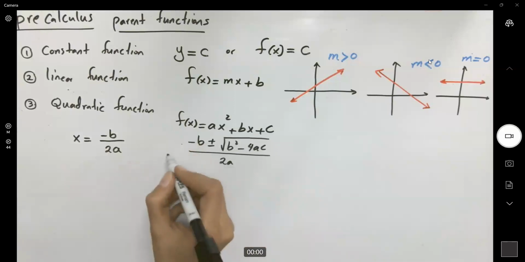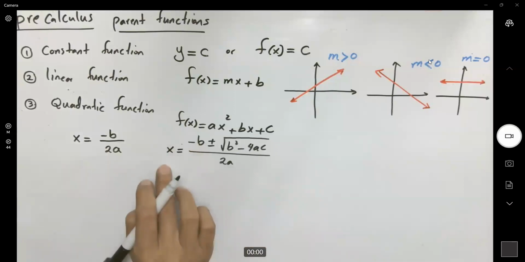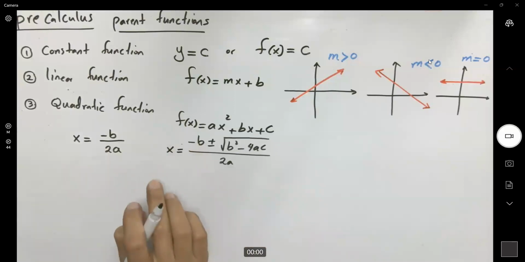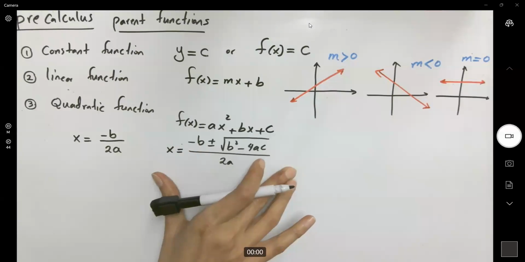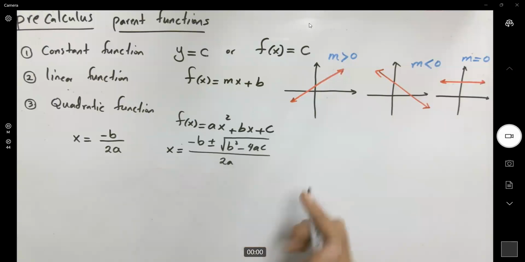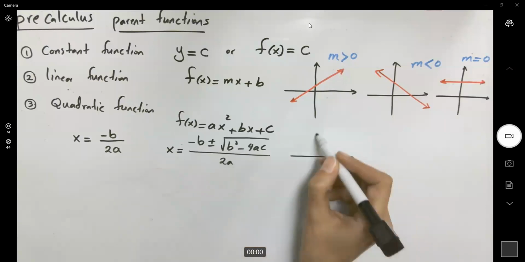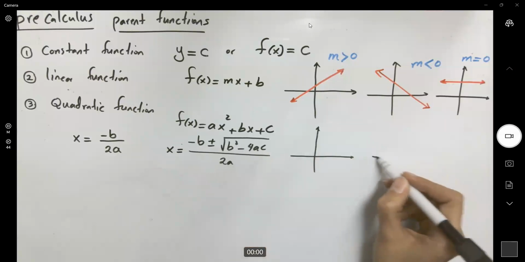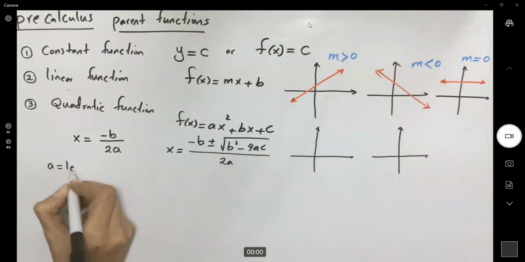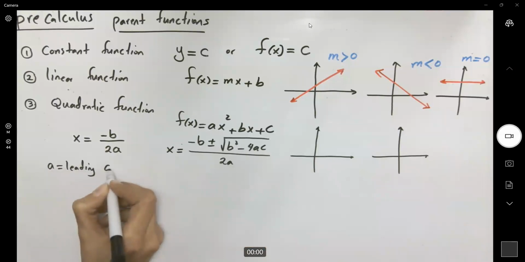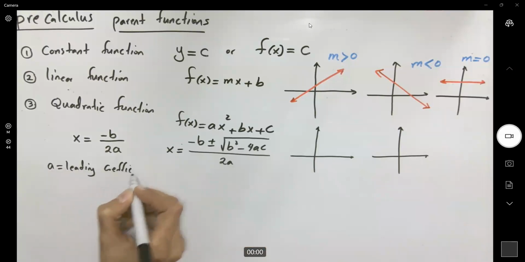This gives us the solutions, zeros, or x-intercepts, the points on the horizontal axis where the graph intersects the x-axis or horizontal line. Remember that when we are dealing with quadratic functions, a is the leading coefficient.